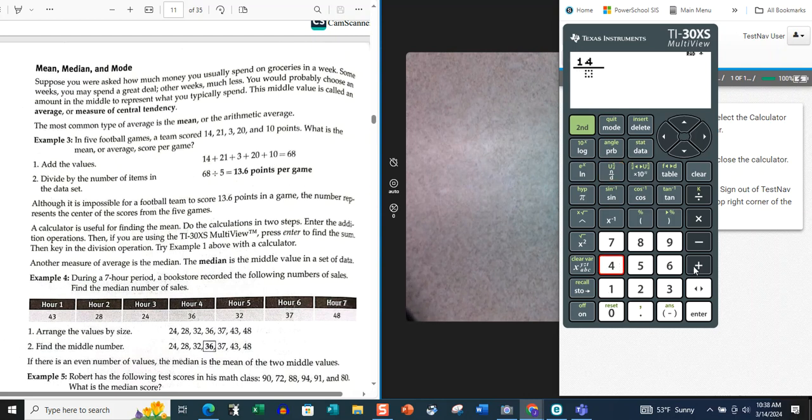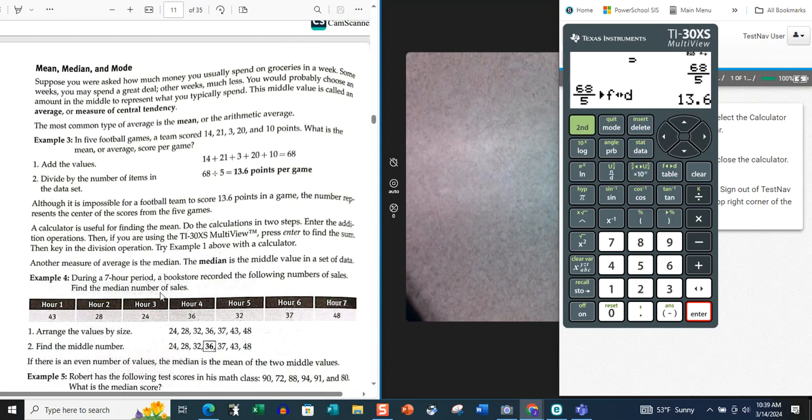For the top, you have 14 plus 21 plus 3 plus 20 plus 10. And then you hit your down arrow, and we know it's 5. And then you can press enter. And it gives you 68 over 5. And then you can press second, the fraction to decimal, and press enter. And it gave you 13.6. Okay, so now we got the same amount, 13.6.